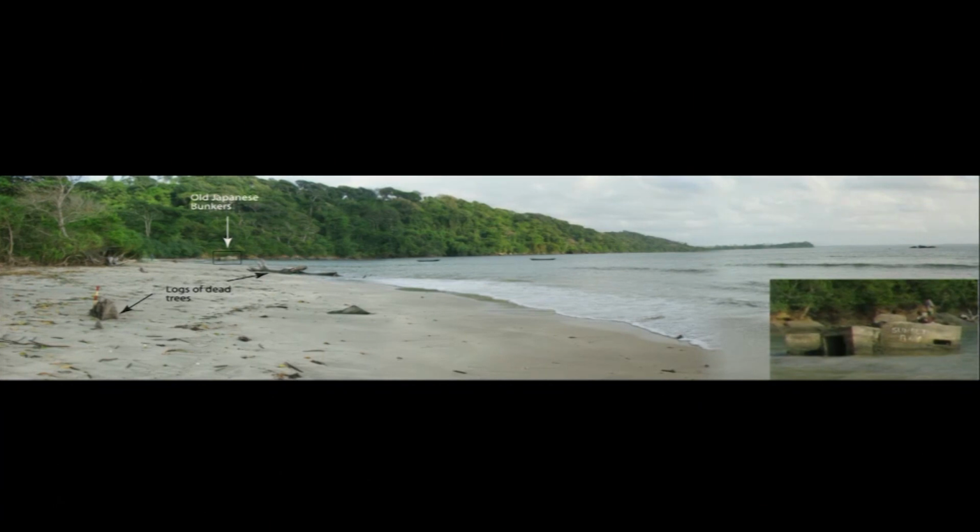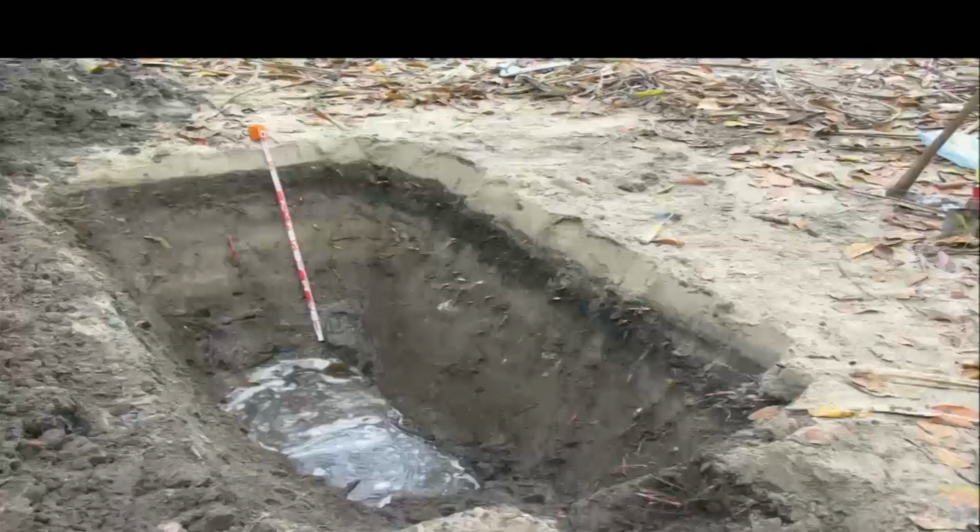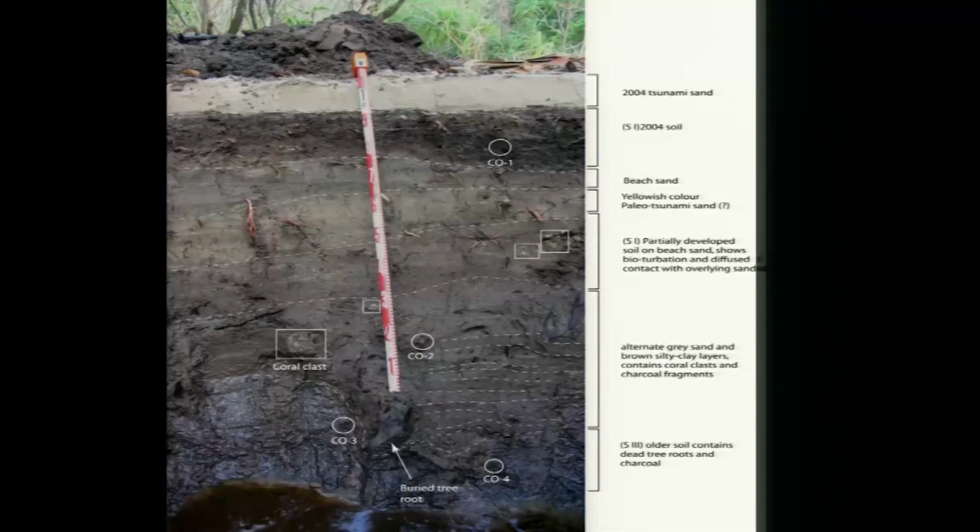You can see this, and we found similar signatures from the 2011 Tohoku earthquake site also. So this is the 2004 tsunami sitting on the 2004 soil, and then a tsunami coming in, and then the previous tsunami event signatures are over here, sitting on the previous soil. Such things we try to identify and date, and study the microfossils in detail, and try to differentiate between storm and tsunami.